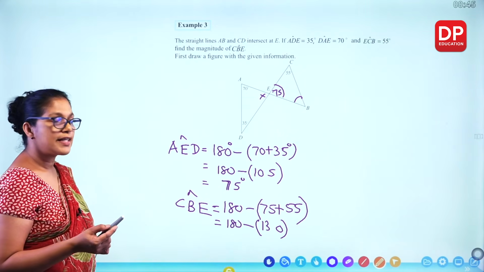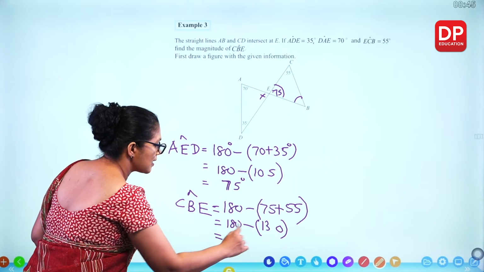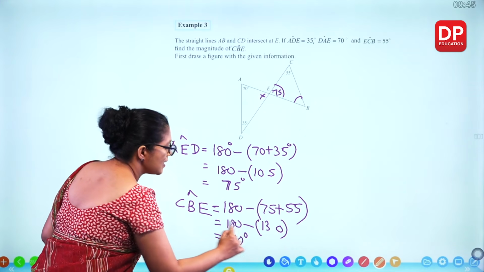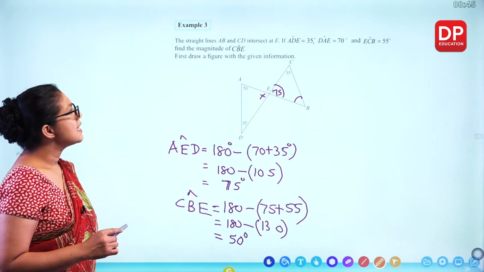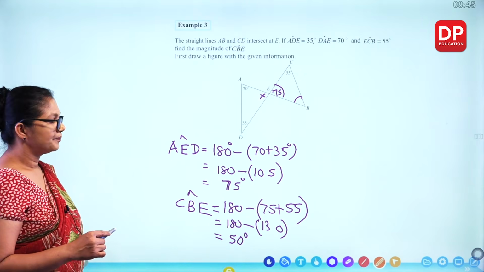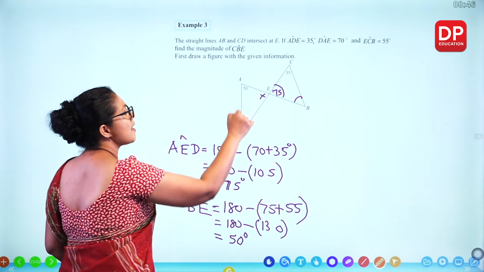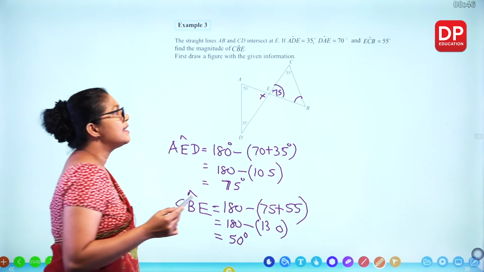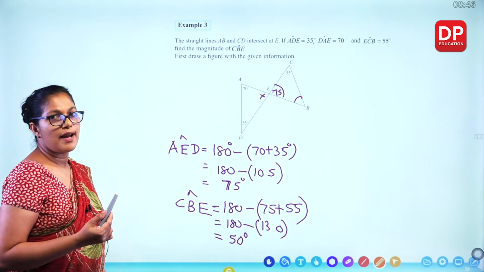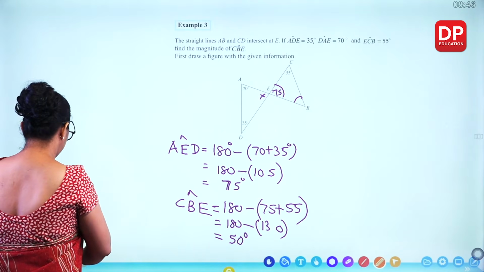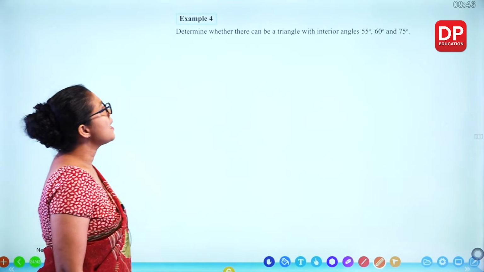When you subtract these two from 180, you get a 50-degree angle for CBE. So we applied that the sum of angles of a triangle adds up to 180. Look at example number 4.